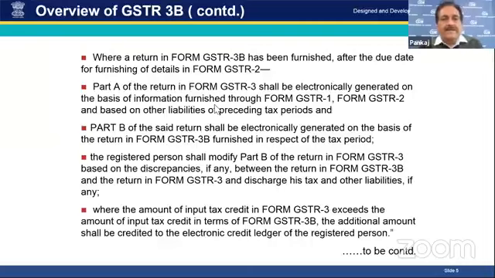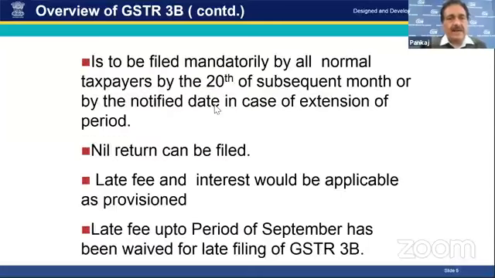So where a form, this is being repeated, so I will not go into it, but it is to be filed mandatorily by all normal taxpayers by the 20th of the subsequent month or by the notified dates. Recently, the dates have been extended, and I will come to that in the later part of my presentation.